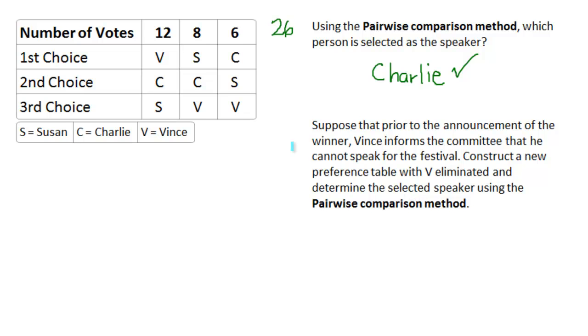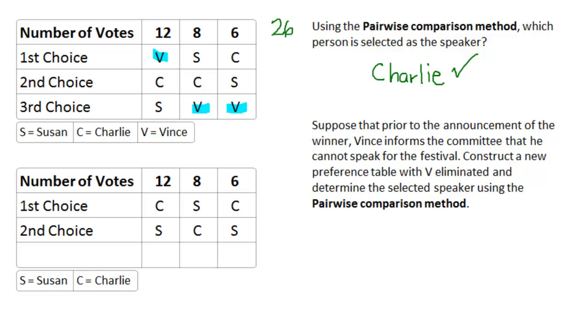All right, so that changes this table over here. Vince is out here, here, and here. What does the new table look like? Well, it looks like this. Now, what's interesting about this table here is that I hope you see that this last column here of 6 for Charlie and for Susan is actually pretty much the same as this first column right here.